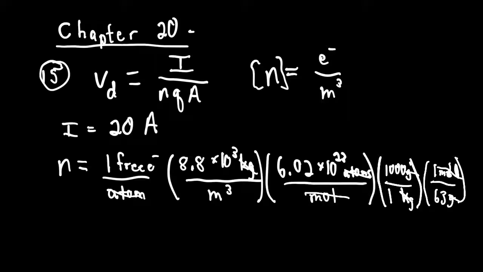And what am I left with? Free electrons per cubic meter. So N, which is the hardest thing to calculate in this problem, is 8.34 times 10 to the 28th electrons per cubic meter.